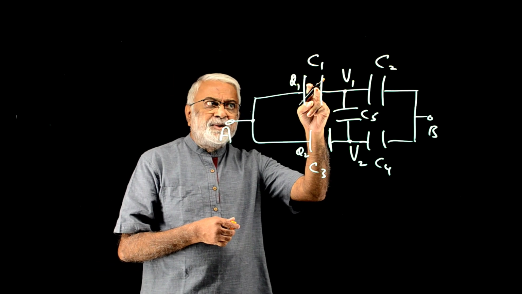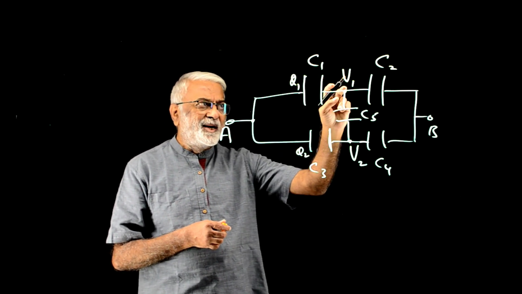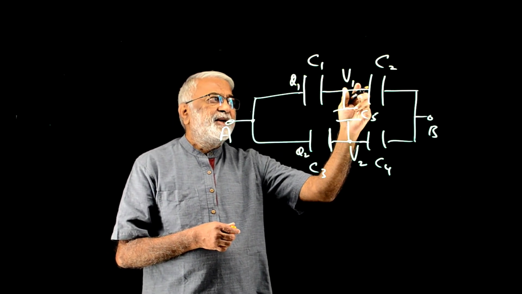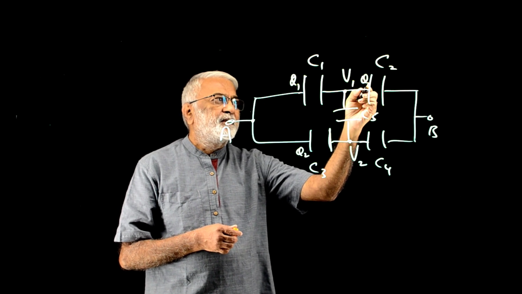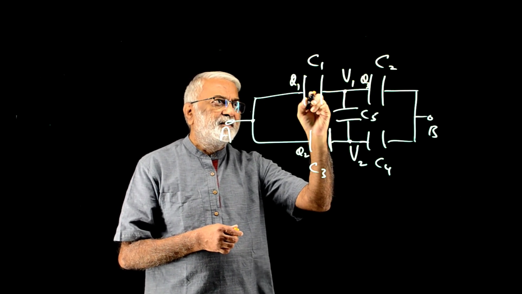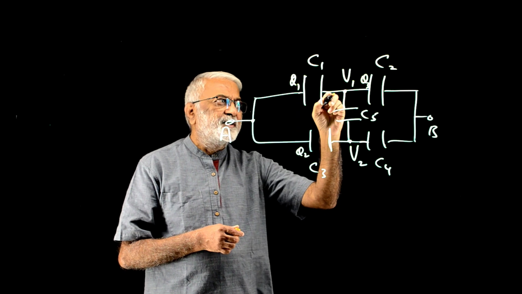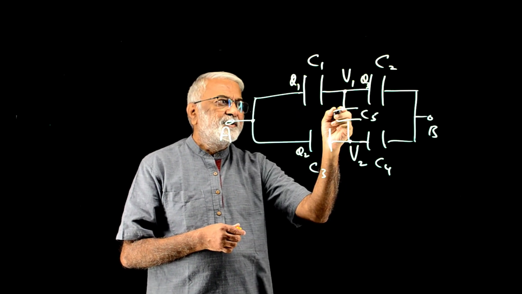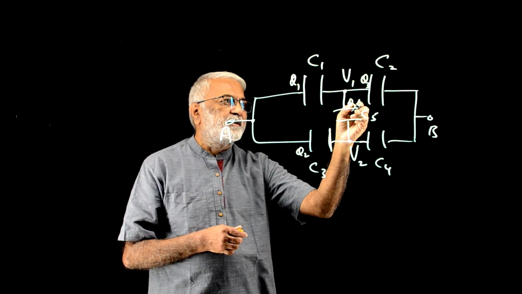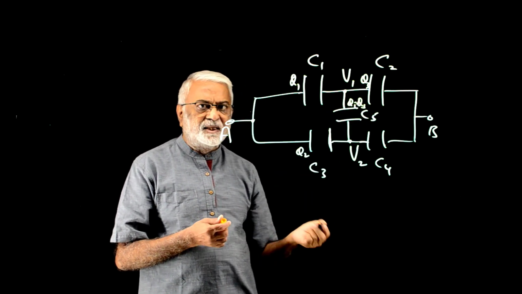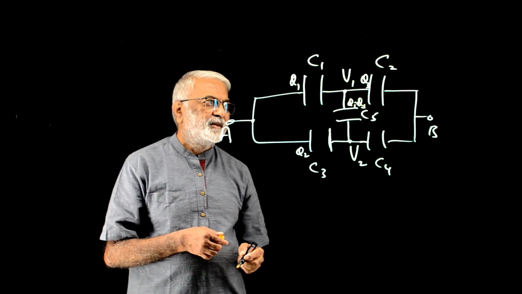A minus Q1 will be induced here. So Q1 leaves and a part of it, let's say Q3, goes here. Q1 leaves here, right? There will be minus Q1. Part of it, Q3, goes there, so you'll have Q1 minus Q3 here. So assume labels for charges, as many as necessary.